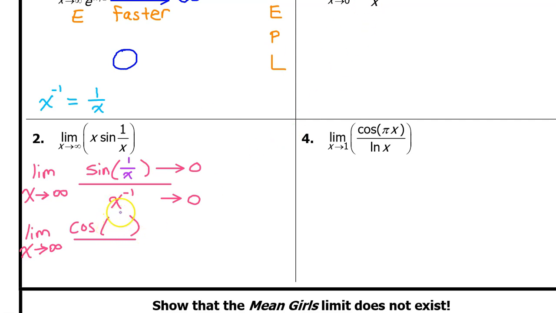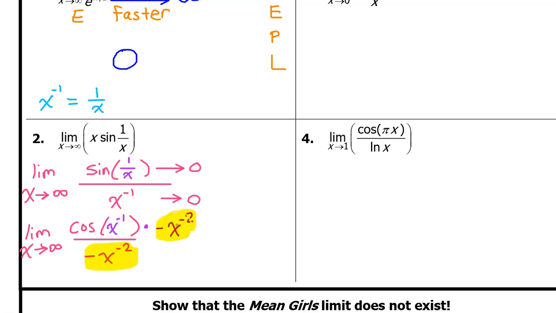But the inner function is 1 over x, which I'm going to think of as x to the negative 1 power for a moment, because then I have to multiply by the derivative of this, which would be negative x to the negative 2 power. Also, the derivative of the denominator will be negative x to the negative 2 power.